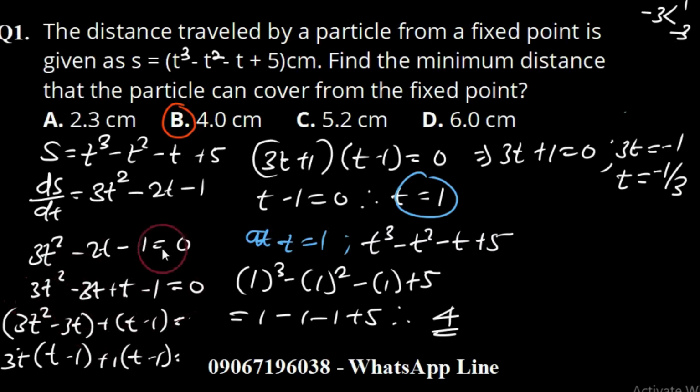The point for minimum velocity is going to be 0, for a motion to occur. So we equate that quadratic equation to 0, and we solve for two values of t. Take the positive value that gives you the minimum distance, and ignore the negative value. So with that we'll have 4 as our answer.